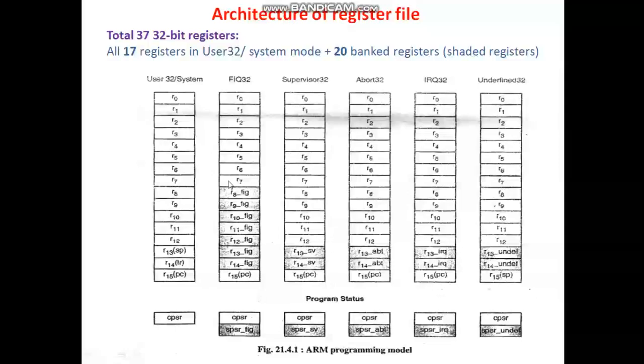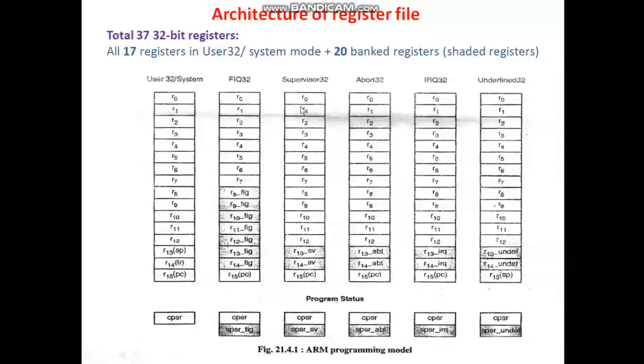Therefore, when the mode is changed, this new set of registers will be available to the processor. The program counter remains the same. Similarly, you can see that an additional register called SPSR_FIQ, the saved program status register, is now visible. So this is an additional register which becomes apparent in this mode.